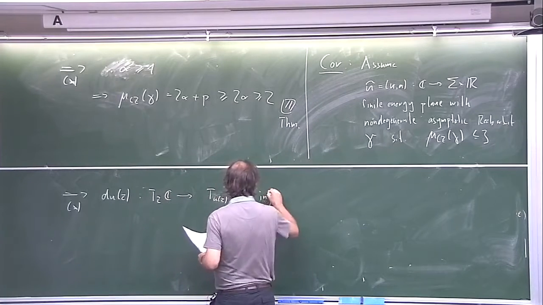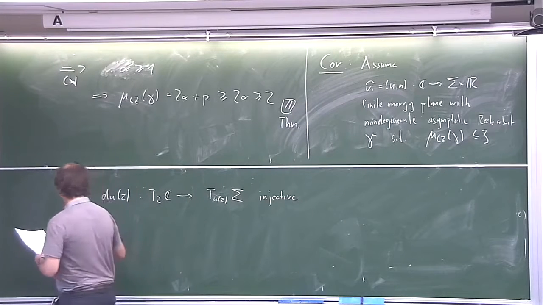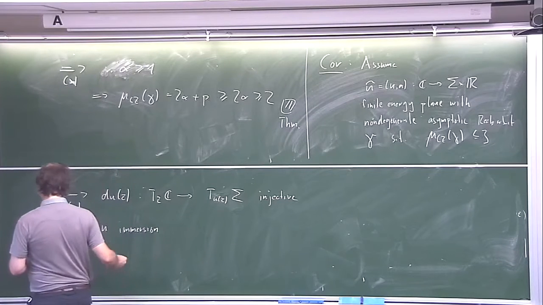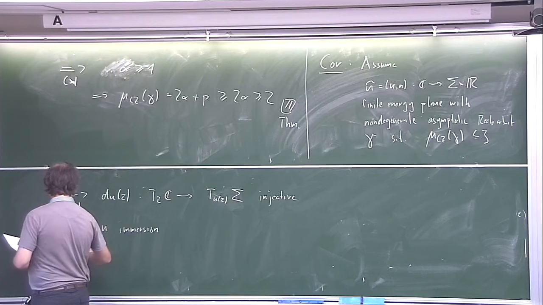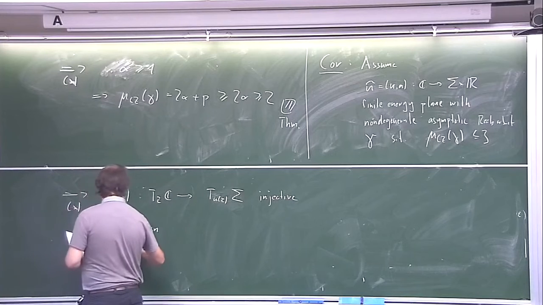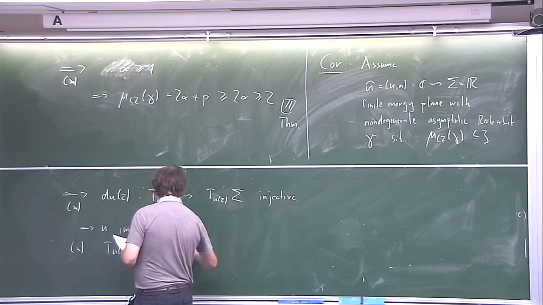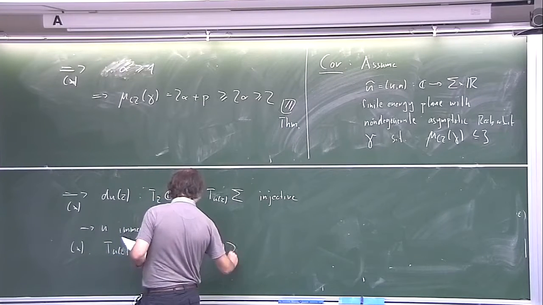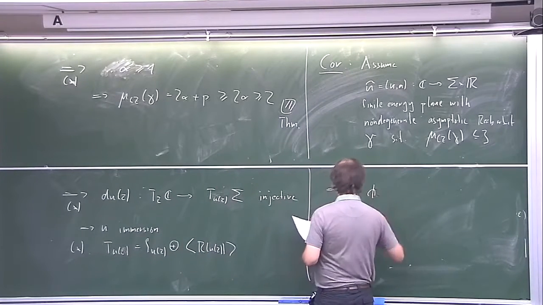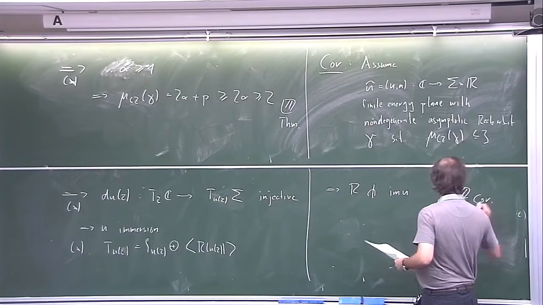This is injective, and so it's an immersion. So we get u is an immersion, and because of star and the fact that T_u(z) sigma splits into the hyperplane plus the span of the Reeb vector field, we have R is transverse to the image of u. That proves the corollary.